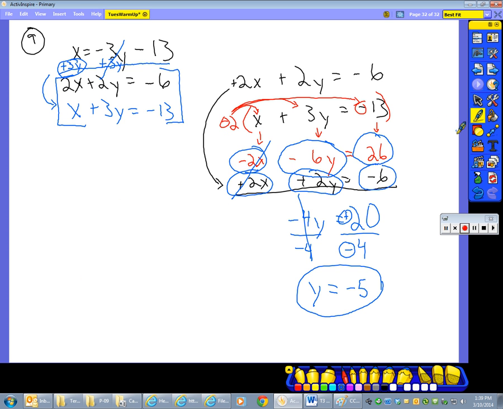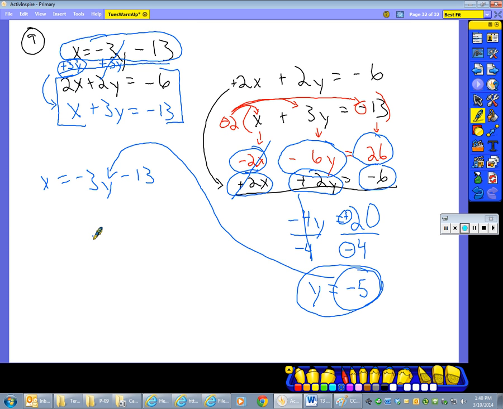Good, okay. So what I'm going to do is I'm going to use this original equation up here. So I've got x equals negative 3y minus 13, and I'm going to take this negative 5 and I'm going to sub it in for y, because that's what y equals. When I do that, my equation looks like this. X equals negative 3 times a negative 5 minus 13.